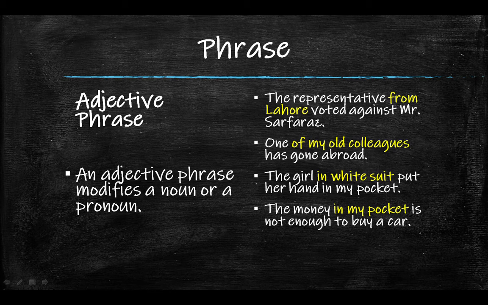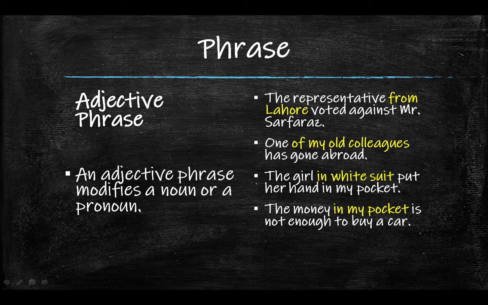But there is in my pocket, the same phrase, in the previous sentence also. But in sentence number 3, it's got a different grammatical role or function. Let's take a look at the third sentence once again. The girl in white suit put her hand in my pocket. In sentence number 3, in my pocket is not describing the previous noun.